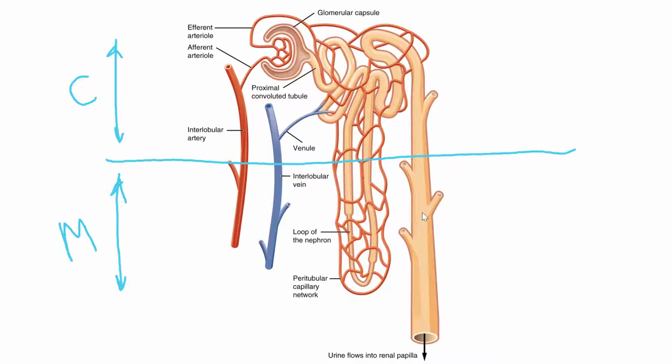So when you look at this picture, you see that some parts of your nephron are located in the cortex, like the Bowman's capsule, the proximal and distal convoluted tubule, and the beginning of the collecting duct, and some parts of the nephron, like the descending limb, U-shape, and ascending limb, and the last part of the collecting duct is located in the medulla. So this is the orientation of the nephron in our kidneys.